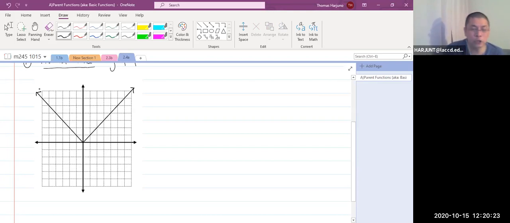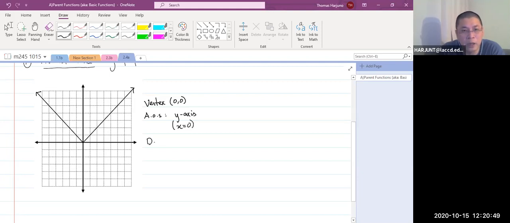Now, what I need you to remember is this: the vertex is the origin. It has an axis of symmetry, which is the y-axis, right? Or we can also say x equals 0.